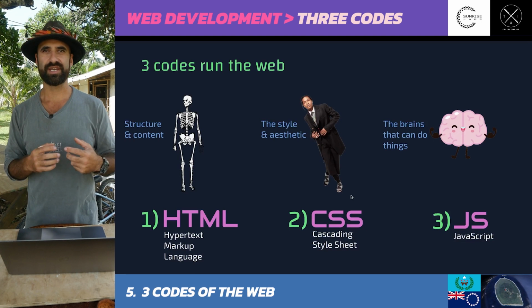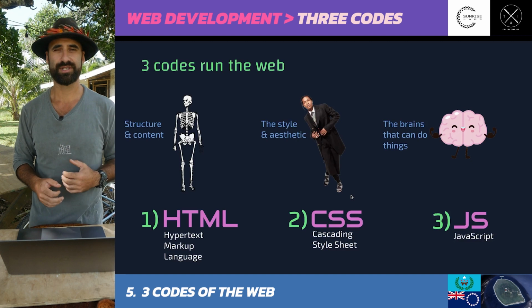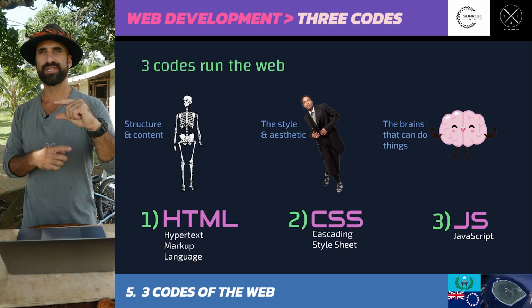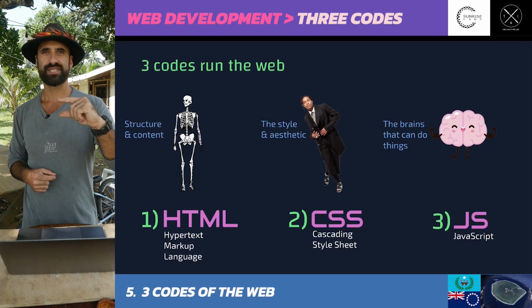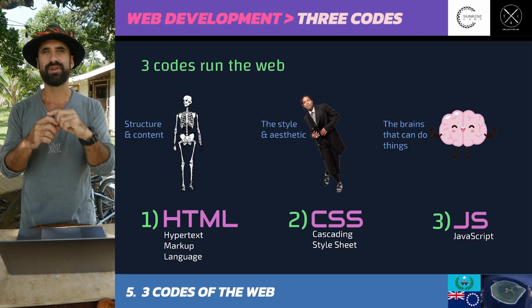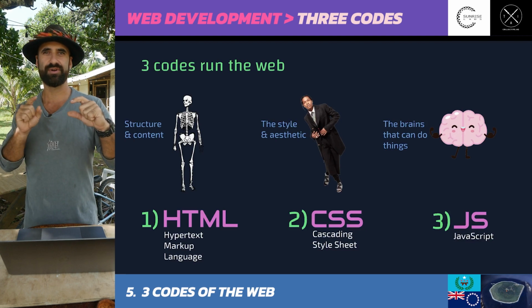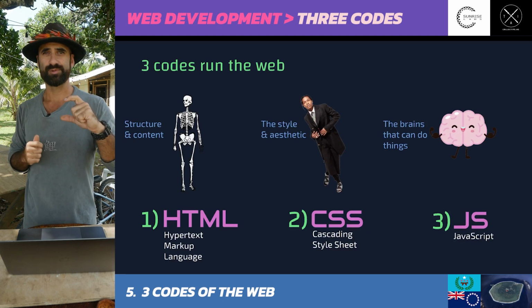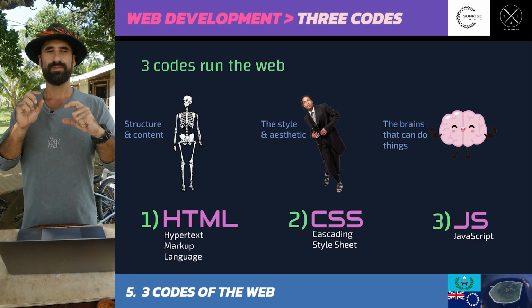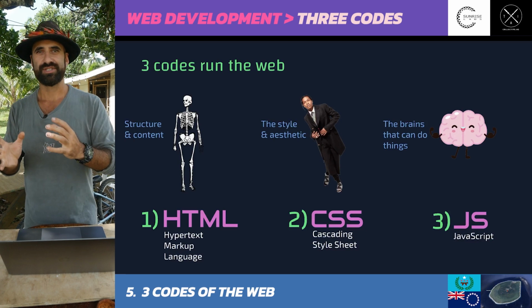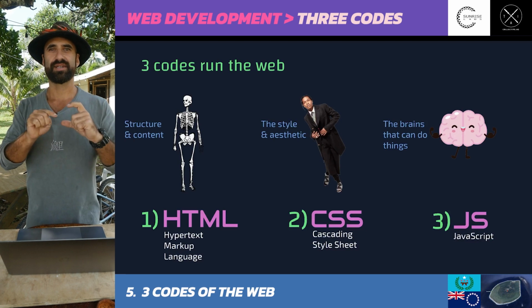It does all the thinking, the action, it can do things. So for example, you'd create a button in HTML using the button tag. In CSS, you could make that button really large and a specific color, and then maybe put a nice shadow effect around it. What the JavaScript would do is that when you click the button, it would go to a database and check that the password is correct, or whatever action that you wanted that click to do.